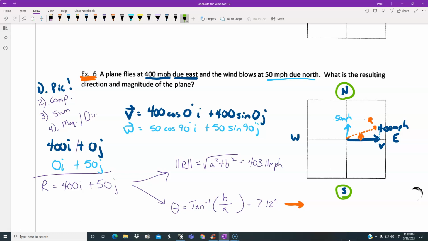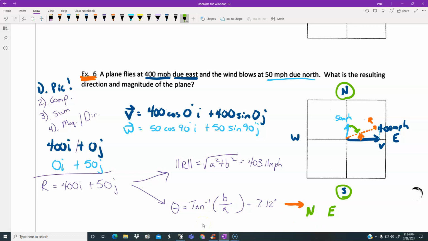This would be the bearing angle on this side, not the orange one that you found, which is 7.12. This would be north and going east, so this is a northeast bearing, and that bearing would be 7.12 degrees here, but this angle would be 90 minus that.